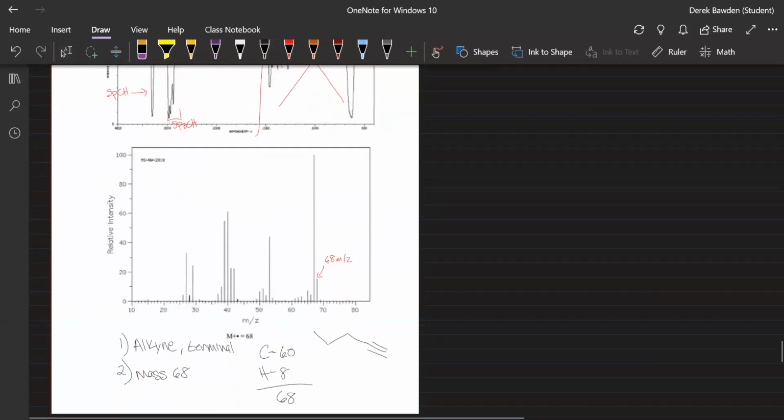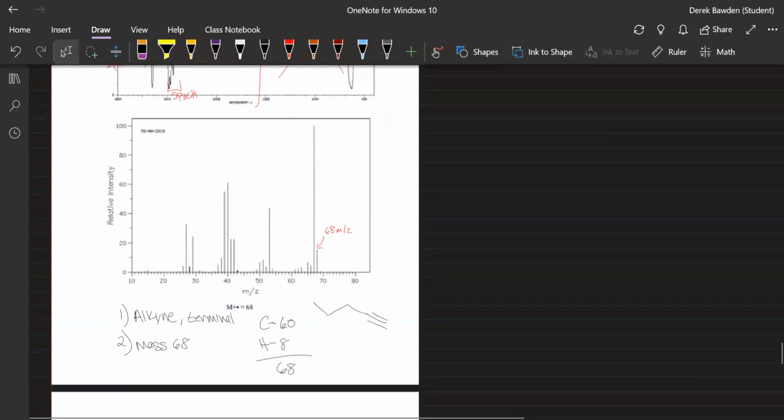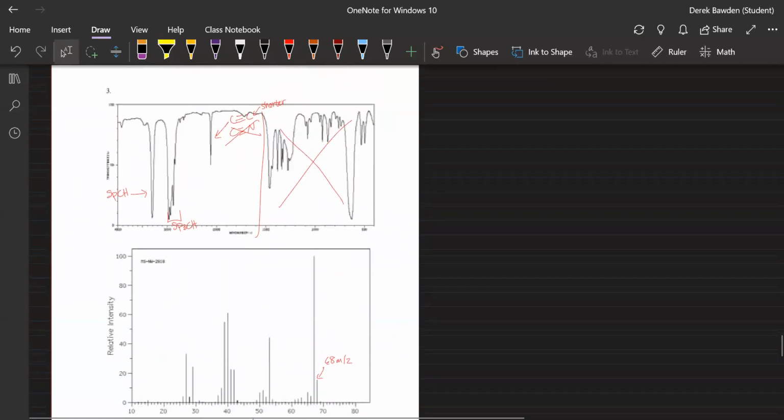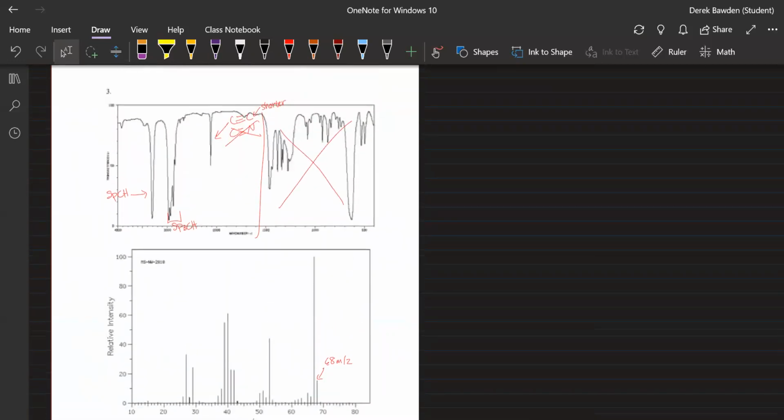I have a question. I kind of thought the sp3 CH could have been an aldehyde, but I mean we know it isn't. So what else could it be? Is it the fact there's no C double bond O? Yeah. So you would see a C double bond O here in like the 1700 region. Oh, okay, cool. Thank you.